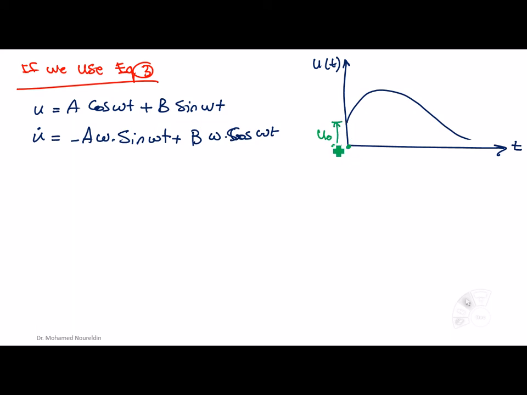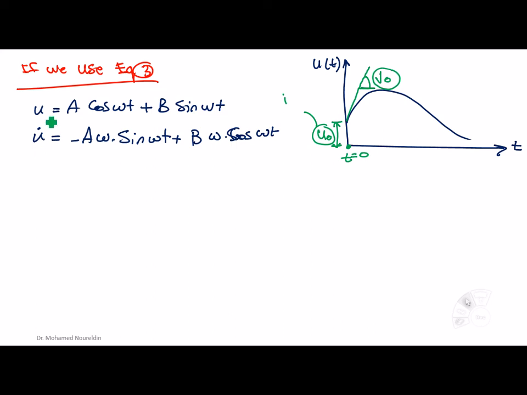And v node is going to be the slope at this point, at the first point here. This is the initial velocity at t equal to 0, right?